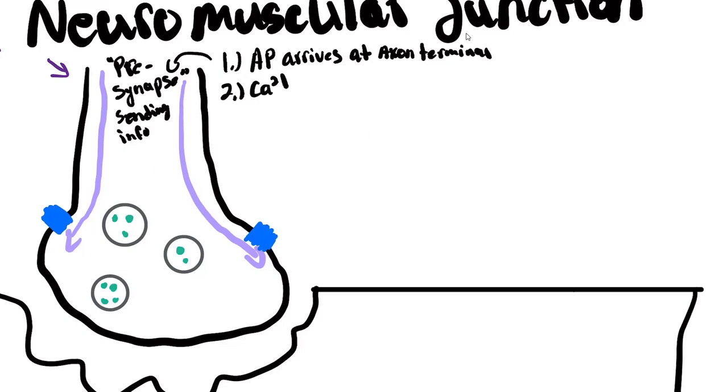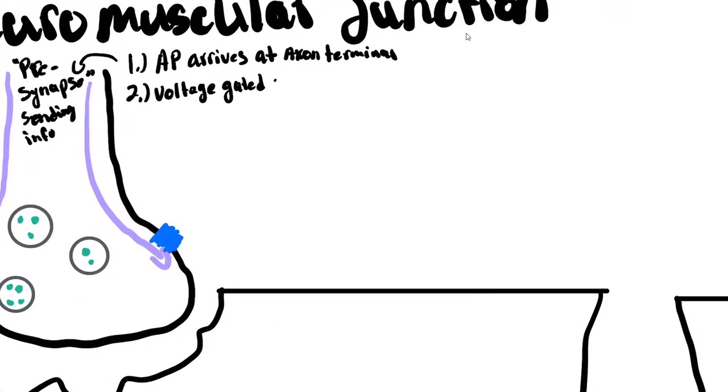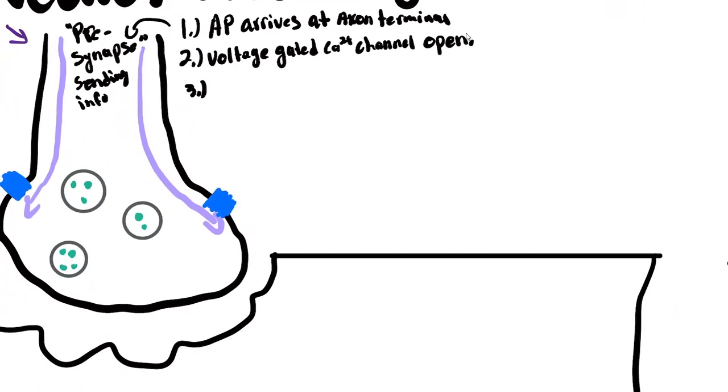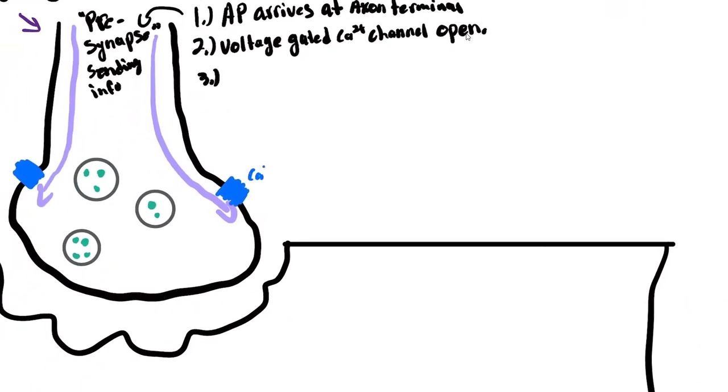So the voltage gated calcium channels open. So you have calcium here, and it starts going inside.